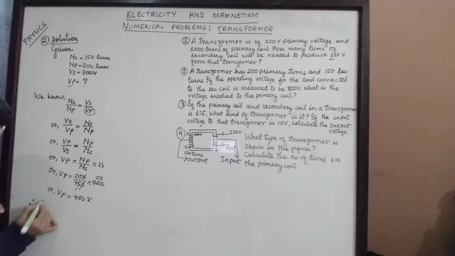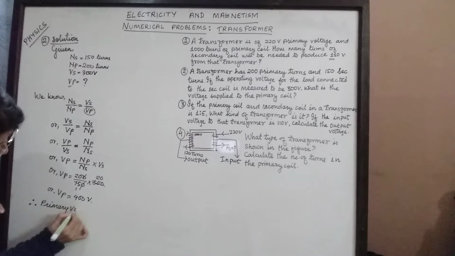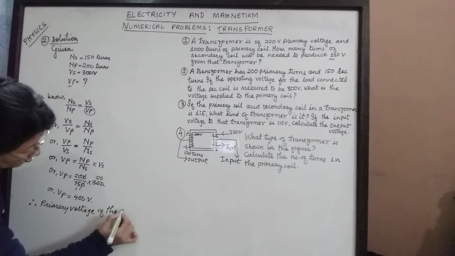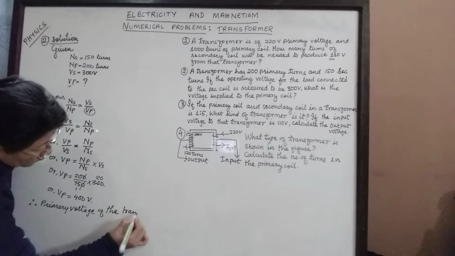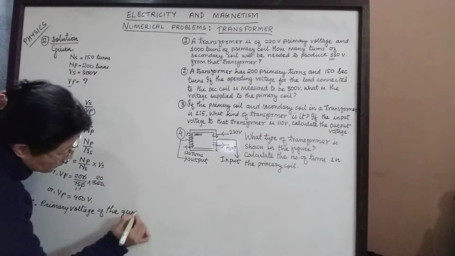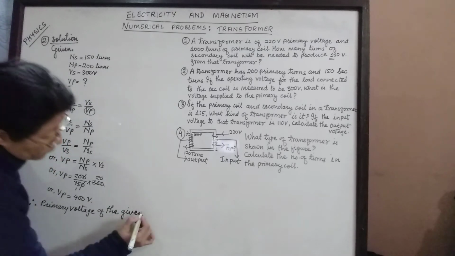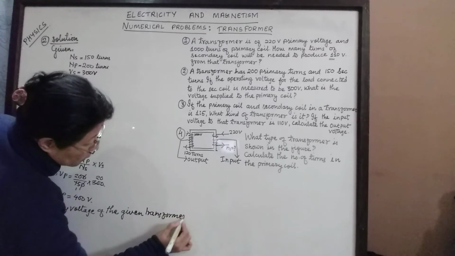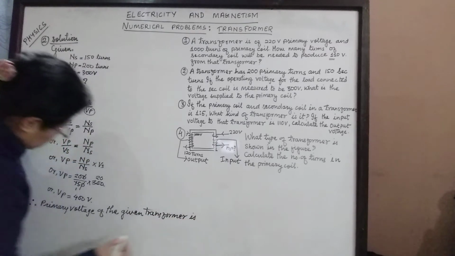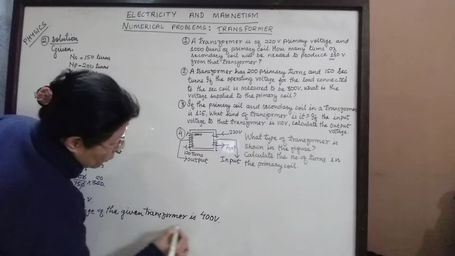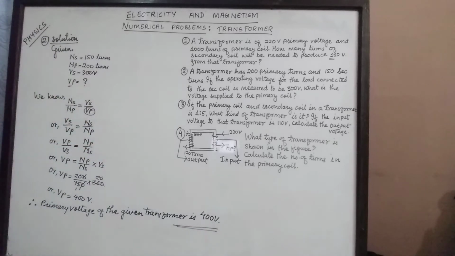Therefore, primary voltage of the given transformer is 400 volt. So this is your answer.